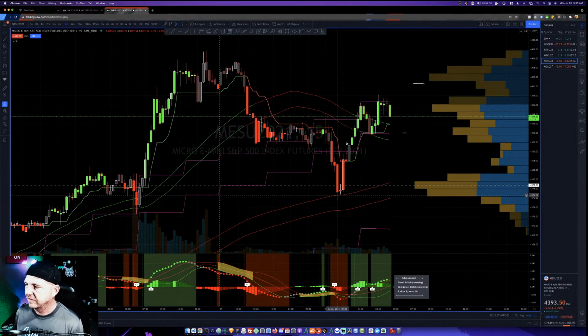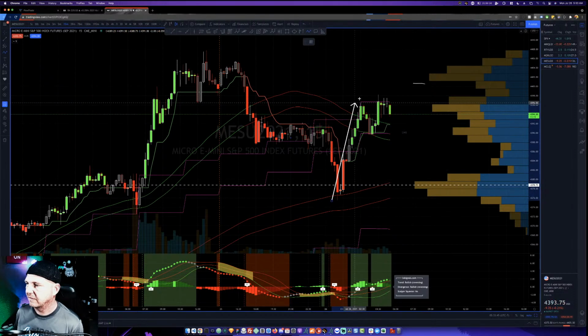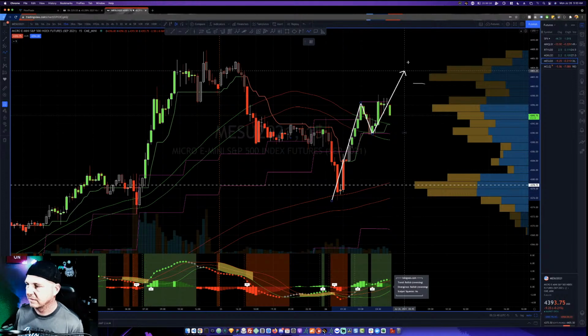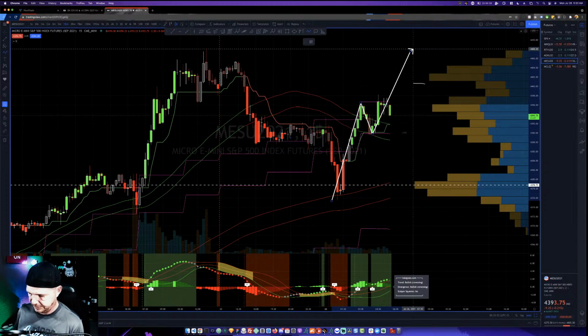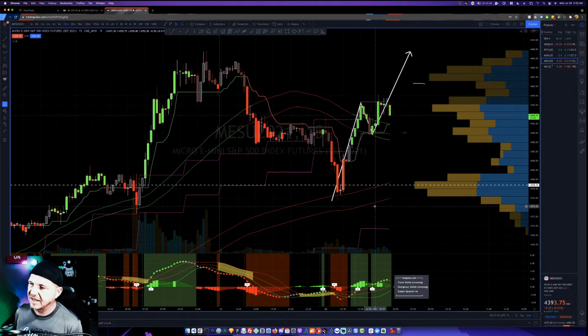Now, this looks like it could be a reversal pattern, this 1, 2, 3. So we'd be looking for this move to happen. This would have to go up here. That's the kind of move we're going to be looking to have happen.